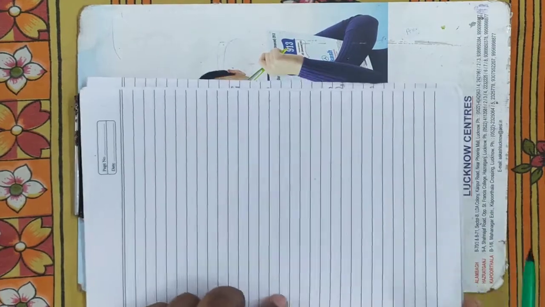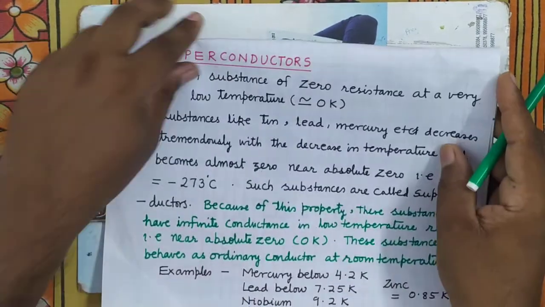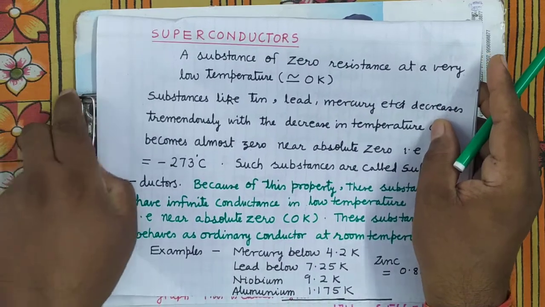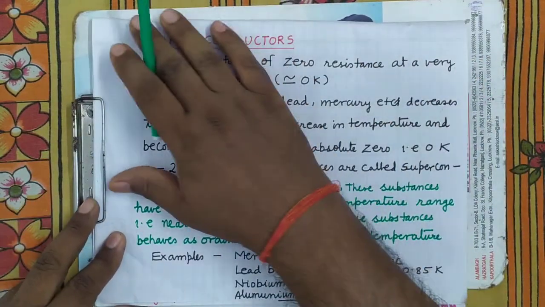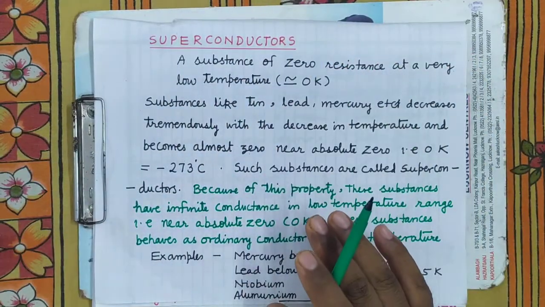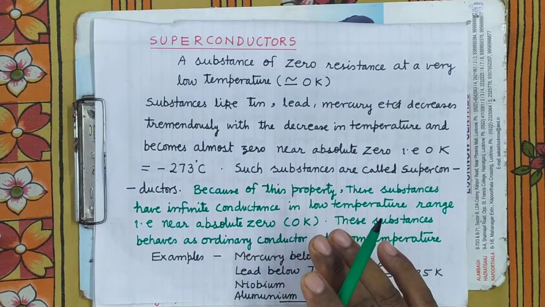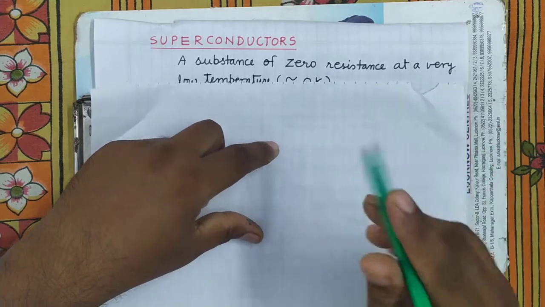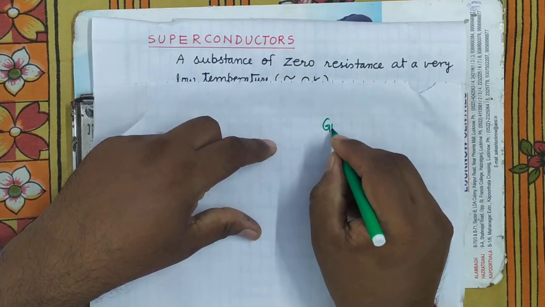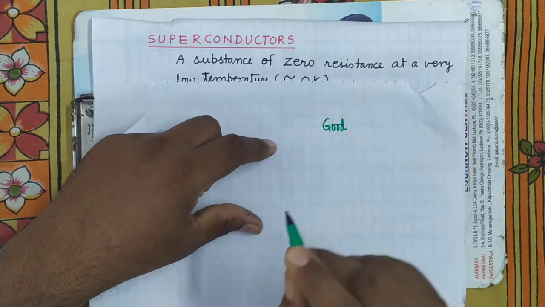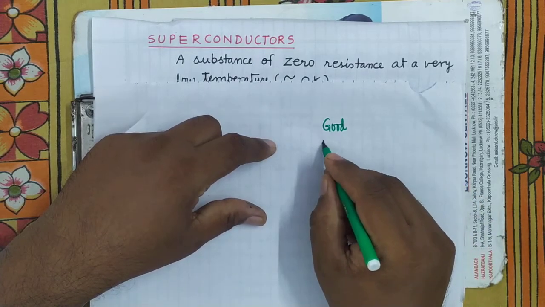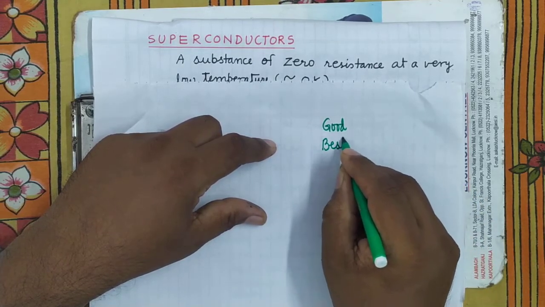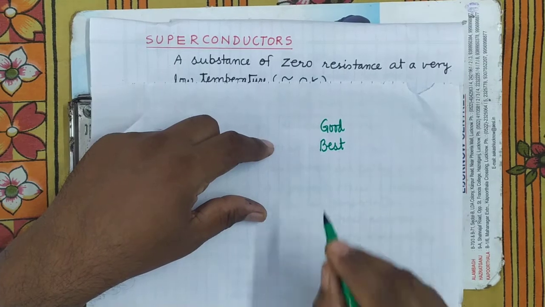Now see here, after this, superconductors. What is the meaning of superconductors? As you have already seen, there are some good conductors, and there are best conductors whose conductivity is more than the good conductors.